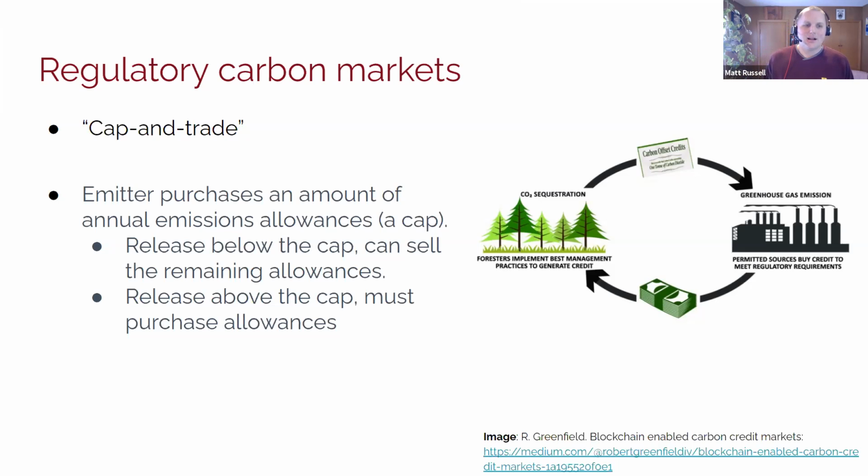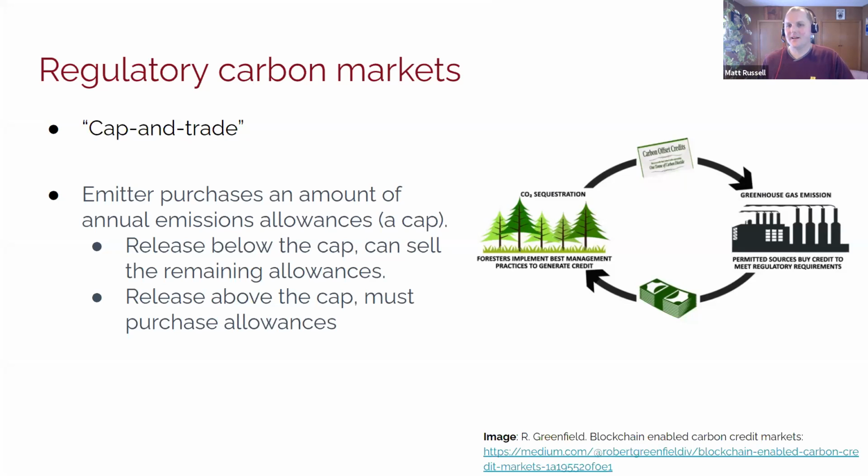But basically, the emitter, say some factory or some power plant, purchases an amount of annual emissions, what they call a cap. If they release below that cap, they can sell those remaining allowances to other emitters. If they release above the cap, they must purchase allowances.